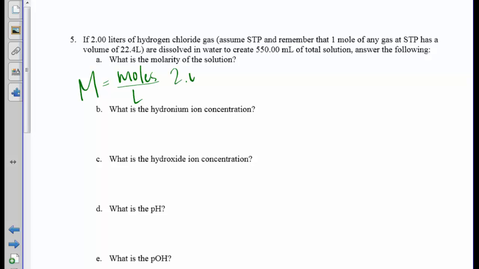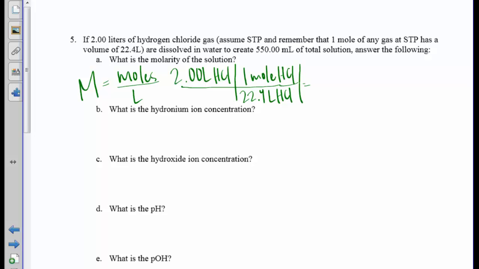If we take 2.00 liters of HCl and convert that to moles, 22.4 liters of HCl is 1 mole of HCl. This gives 0.089285743 moles of HCl.